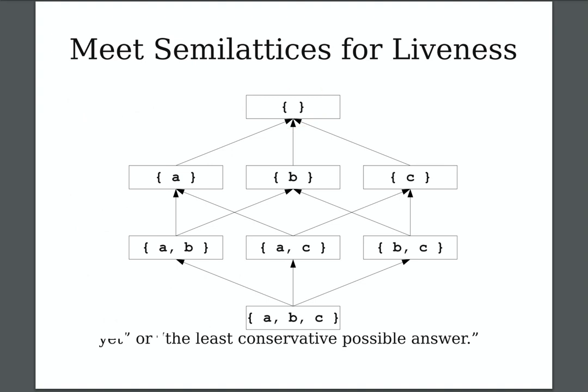And as we merged information from paths, like if we find that one block has A live and another successor has B live, then in order to describe the case where there is a join point between these two blocks, we compute the greatest common lower bound between these two values.